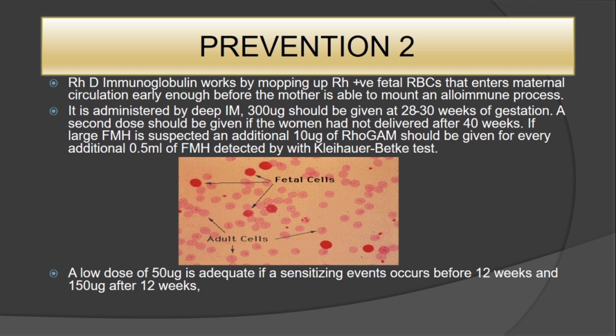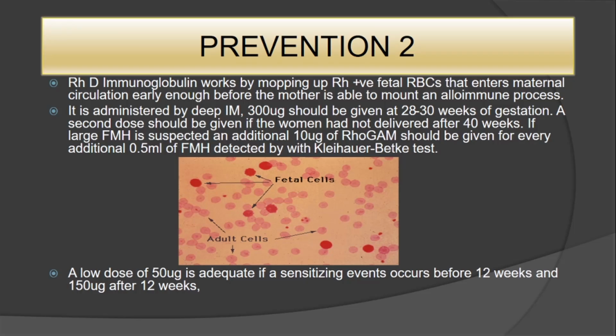Now, like I've explained before, Rhesus immunoglobulin works by mopping up Rhesus positive fetal red blood cells that enter the maternal circulation early enough, before the mother is able to mount an alloimmune process. Usually, if you give the Rhesus D immunoglobulin Rogam at a dose of 300 micrograms, it will be enough to mop up the fetal maternal hemorrhage.